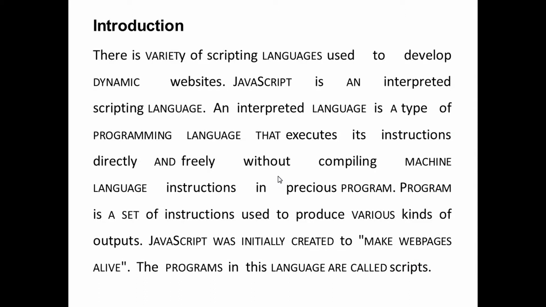An interpreted language is a type of programming language that executes its instructions directly and freely without compiling them into machine language instructions beforehand. What is a program? A program is a set of instructions used to produce various kinds of outputs.